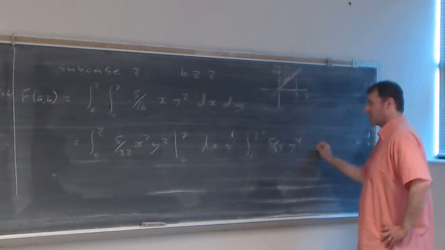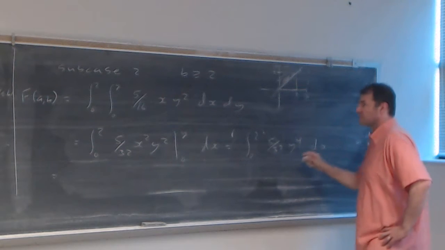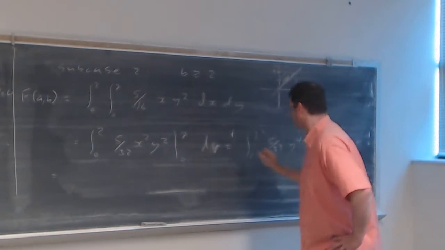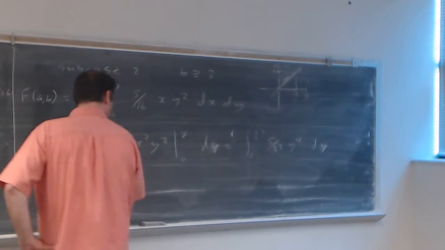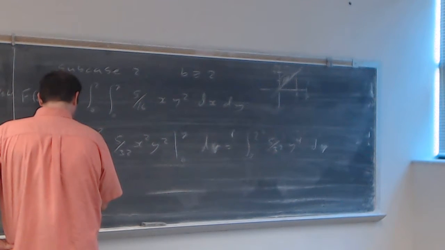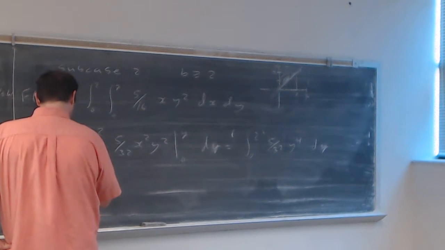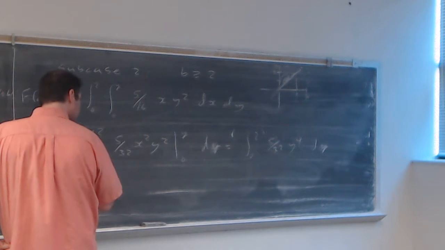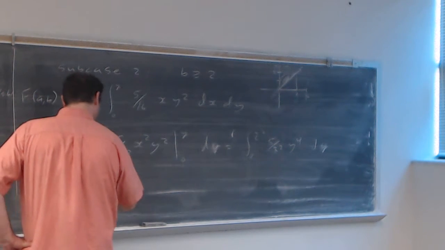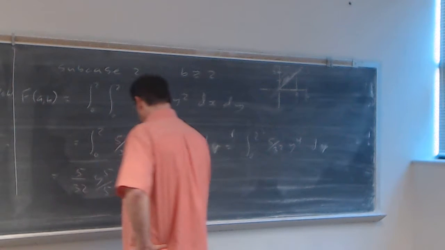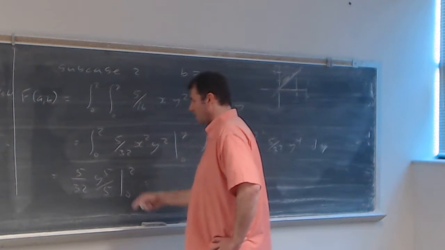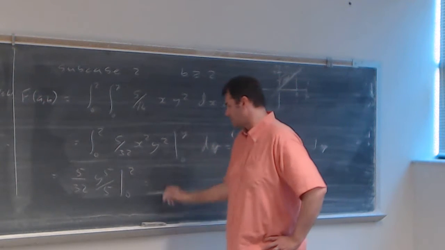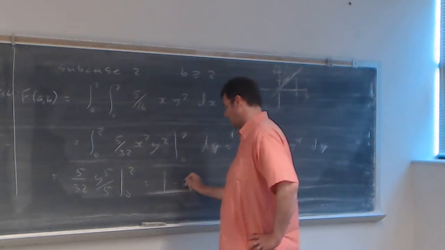Just lose this. dx, I'm sorry, this was wrong. This should have been dy. Now when I integrate with respect to y, I'm going to get 5 over 32, y to the 5th over 5, evaluated from 0 to 2. Of course, the 5's cancel, we let y be equal to 2. 2 to the 5th is 32, so we just get 1, and we subtract 0.